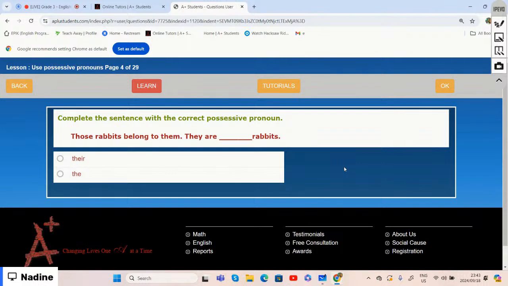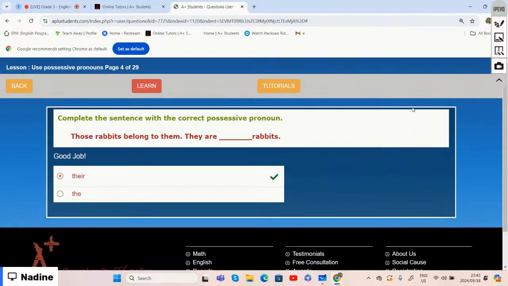Then we say they are their rabbits, option one, or the rabbits, option two. And if we choose the correct one, we will say it is their rabbits. Yes, well done. Their rabbits, option one.